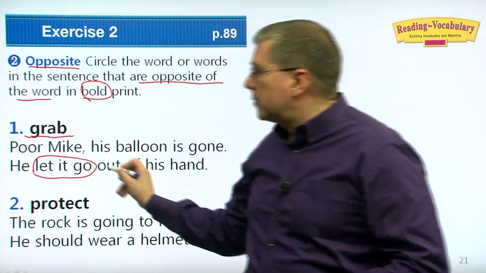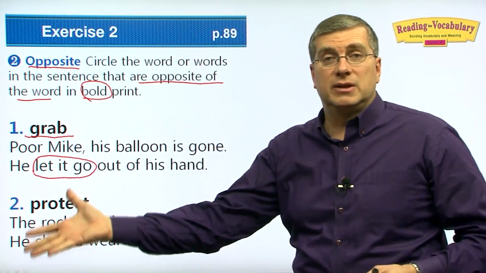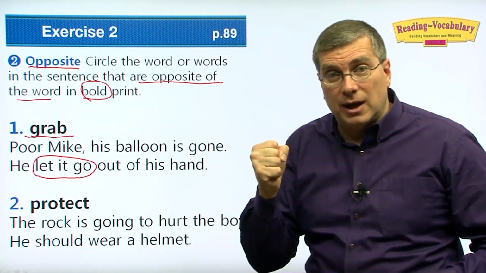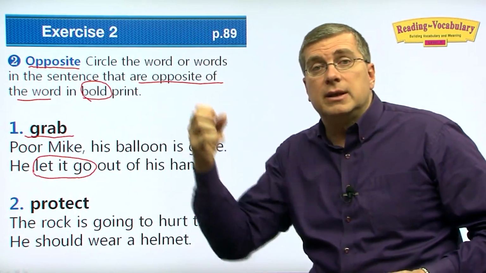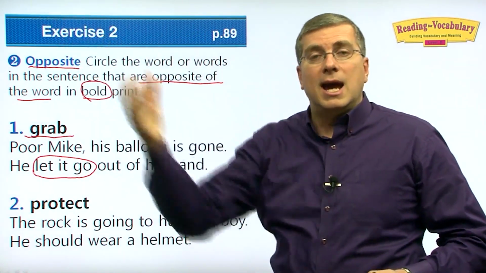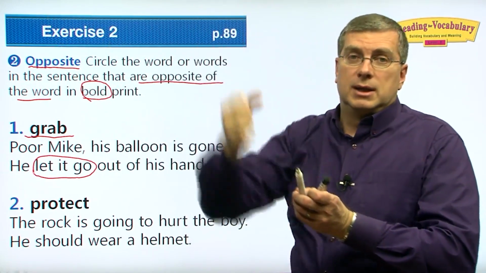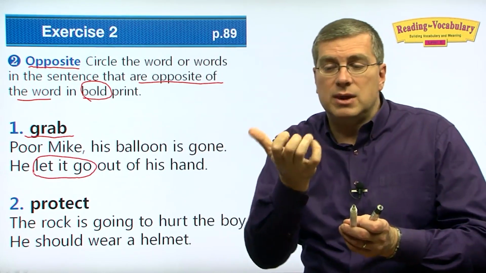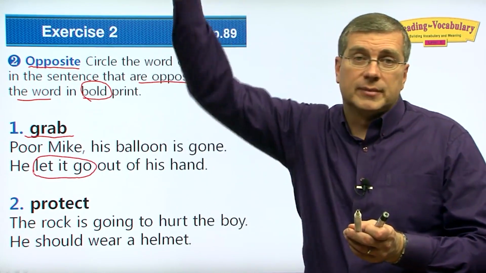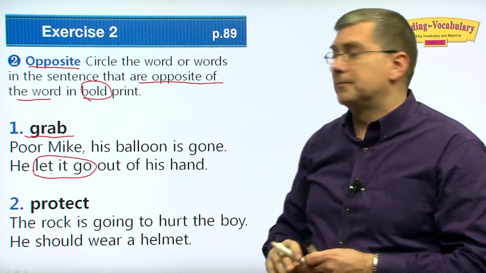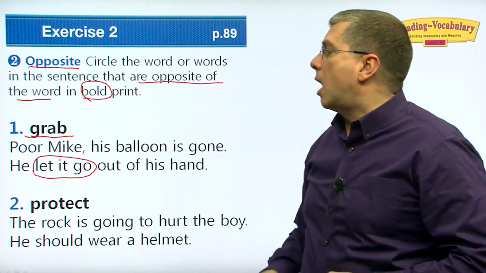If you let something go, that's the opposite of grab. Grab is to take in your hand. Let it go is to let it leave your hand. And think about it. He had a balloon. A balloon wants to go up, but you hold on to it. If you let go of the string, the balloon goes away. Okay, so let it go, grab, opposite.